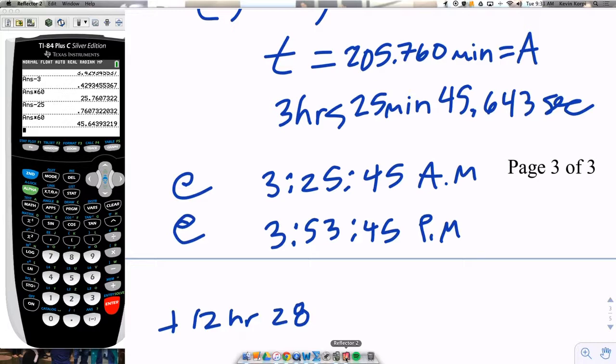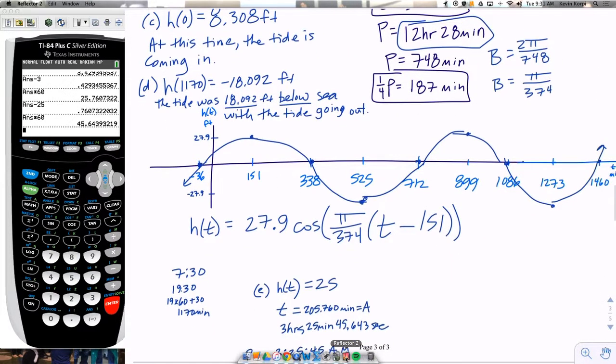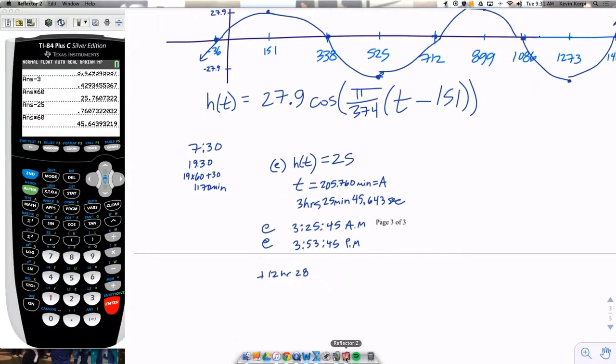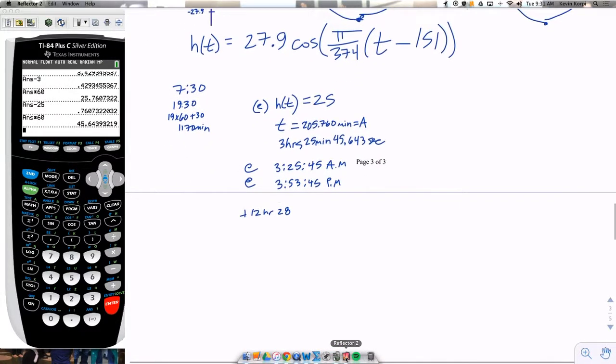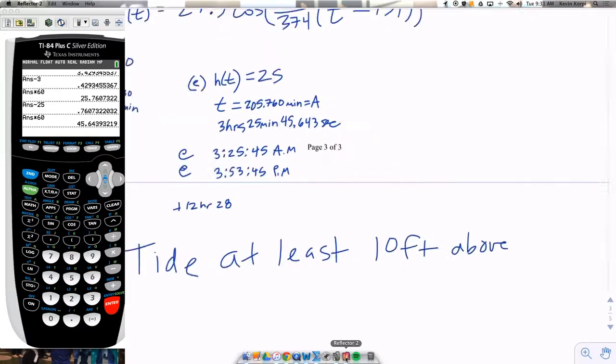All right, now we have a couple more minutes before I talk about the test. There's one other type of problem that I can ask you. I could ask you for how many total minutes was it above a certain height? Let's do this. For how many minutes was the tide at least 10 feet above sea level?